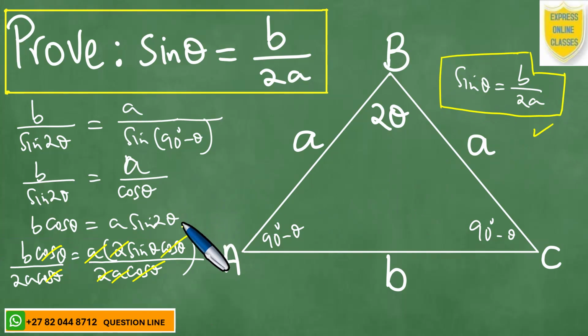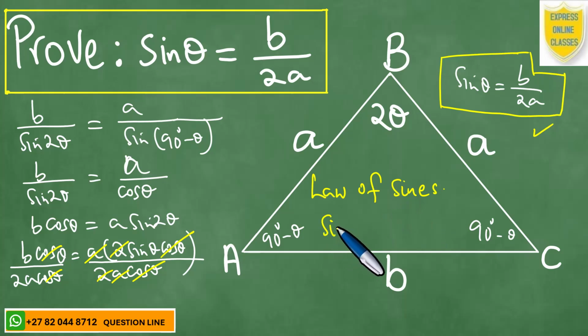And so there are a couple of things we can take into account here. The method we use is called the law of sines, or you can call it the sine rule. You can call it either the law of sines or the sine rule there. Right, and so we continue.